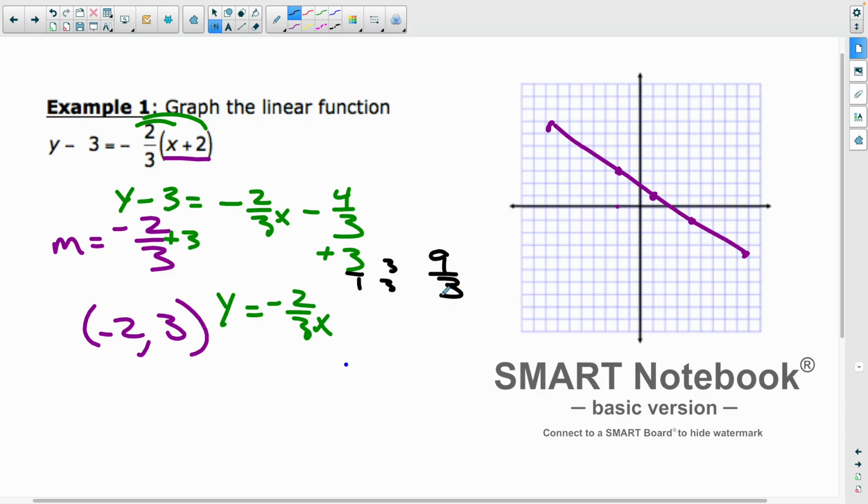So now we can add them together and get 5/3. And then that's my y-intercept. Was that y-intercept fun to graph? Not really. So this is a case where point slope form would be better than slope intercept form, in my opinion. Can you still do it the other way? Sure. There's lots of different ways to do this.